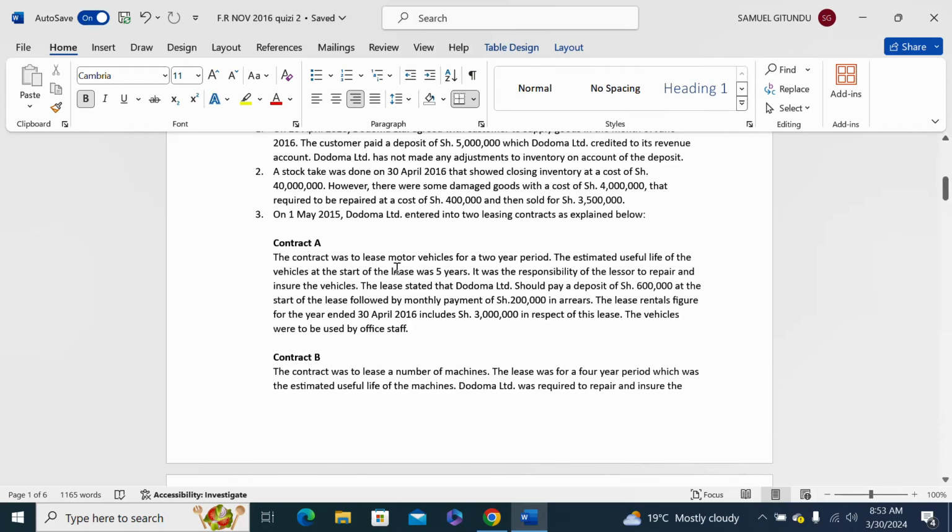So let us go through contract A. The contract was to lease a motor vehicle for a 2-year period. The estimated useful life of the vehicle at the start of the lease was 5 years. Therefore, obviously under IAS 17, this is an operating lease.